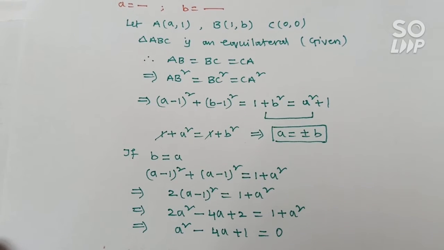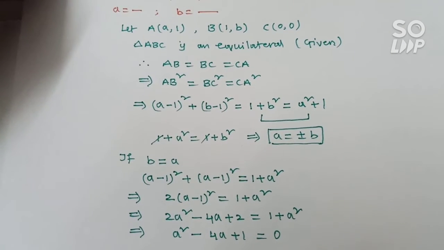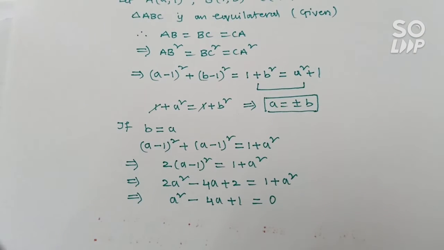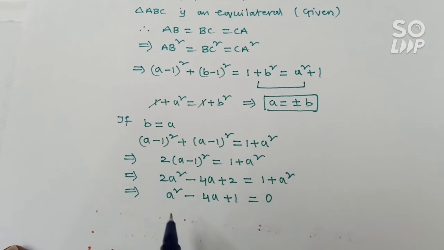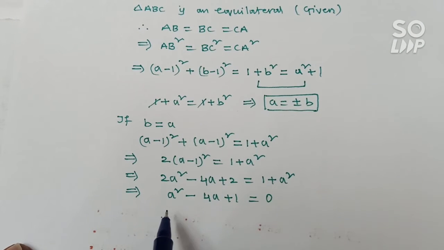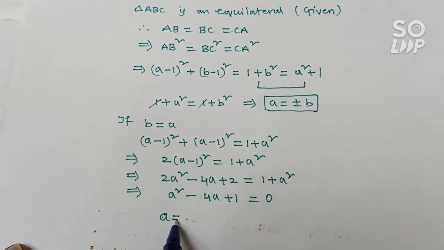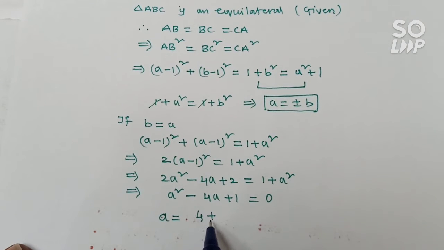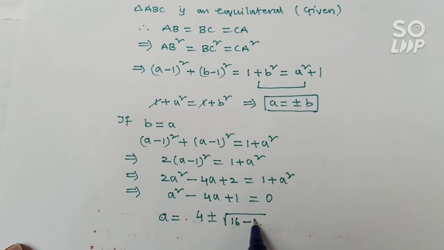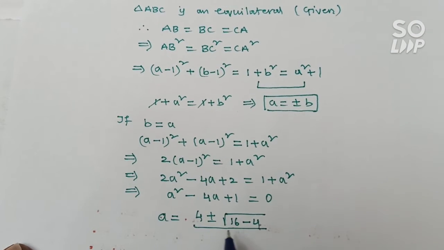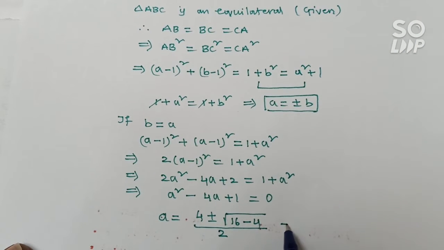Now clearly this is in the form of a quadratic, so it represents roots, and clearly b squared minus 4ac is greater than 0. So a is equal to 4 plus or minus root of (16 minus 4) whole divided by 2, which is 4 plus or minus root 12, that is 2 root 3, divided by 2.